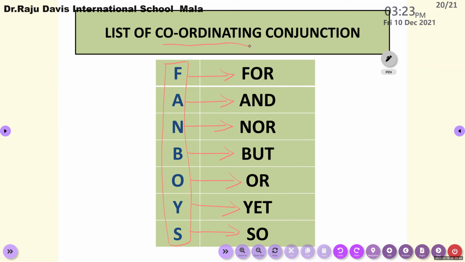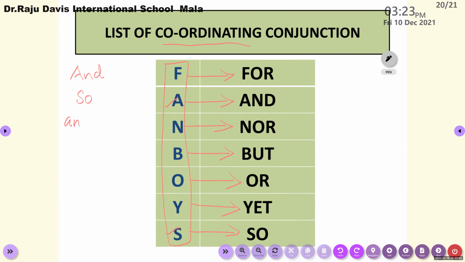Apart from this, we have many coordinating conjunctions, children. So please note down the other coordinating conjunctions apart from fanboys. We have and so here, and so is a coordinating conjunction. And is a coordinating conjunction. So is another coordinating conjunction.